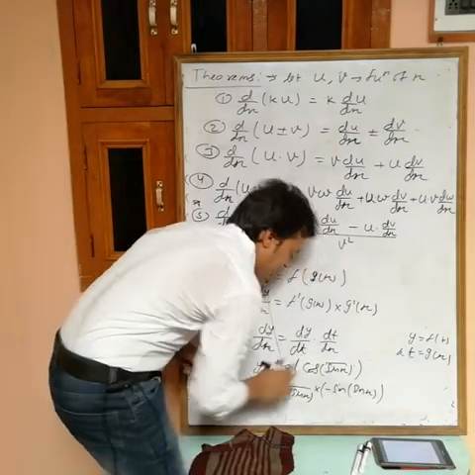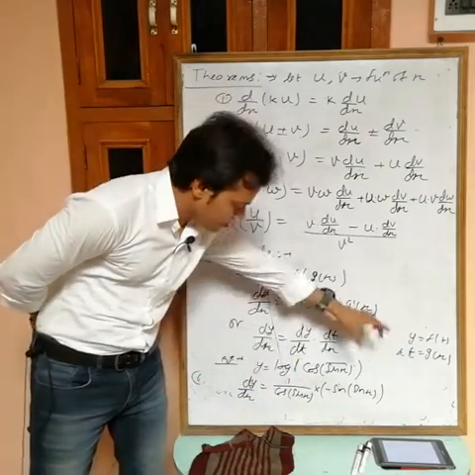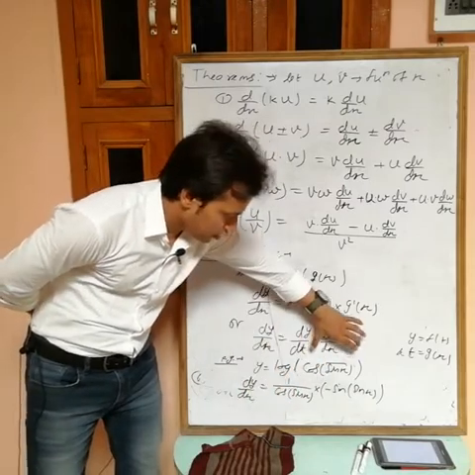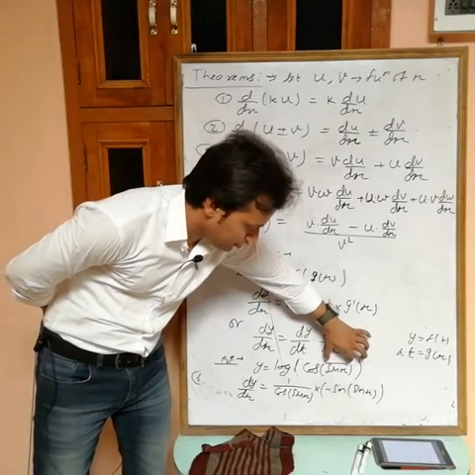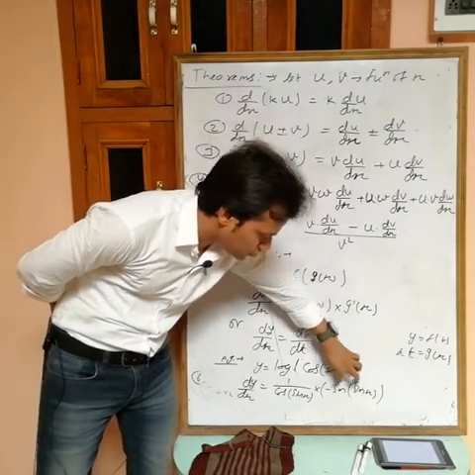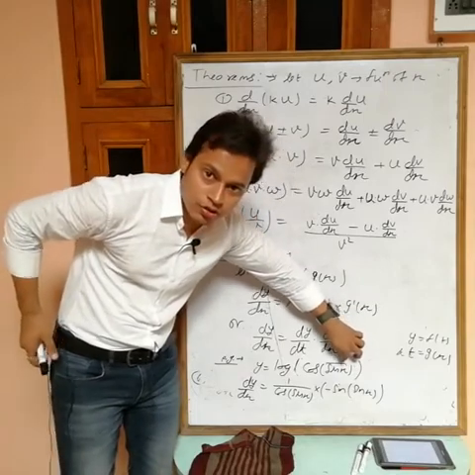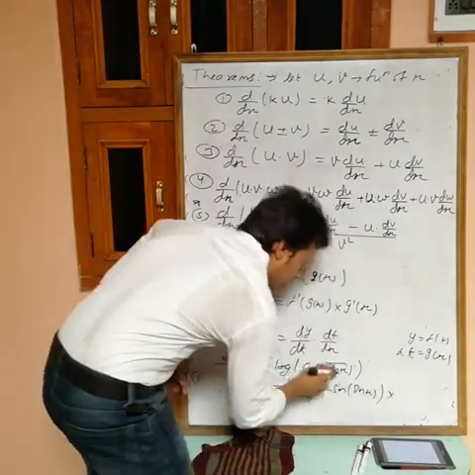Okay. Now again see, to differentiate this complete expression, first I assume this part as x, then log x gives 1 by x. Now we have to differentiate the assumed x. To do that, again we assume this part as x, then cos x gives minus sin x. Now again we differentiate the assumed x, so differentiate sin x.